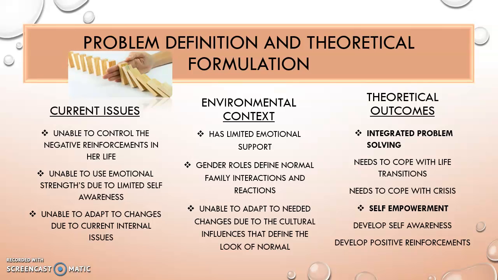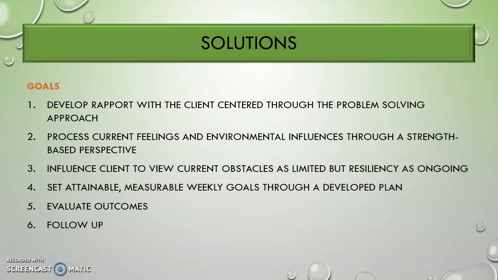The theoretical outcomes integrated problem solving needs to uphold her coping skills with life transition, needs to cope with the crisis that she is going through. Also, the self-empowerment piece needs to help Miss Patricia develop self-awareness and develop positive reinforcements.